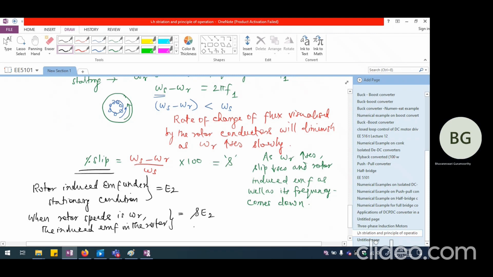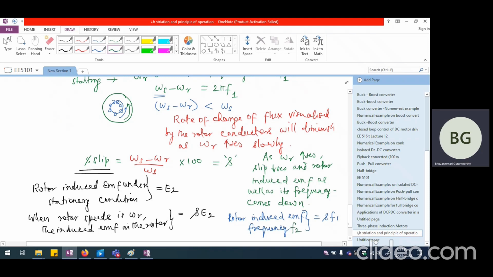And similarly, the rotor induced EMF frequency, the rotor side frequency F2, is going to be S times F1. The induced EMF in the rotor is going to diminish as the rotor picks up speed more and more.